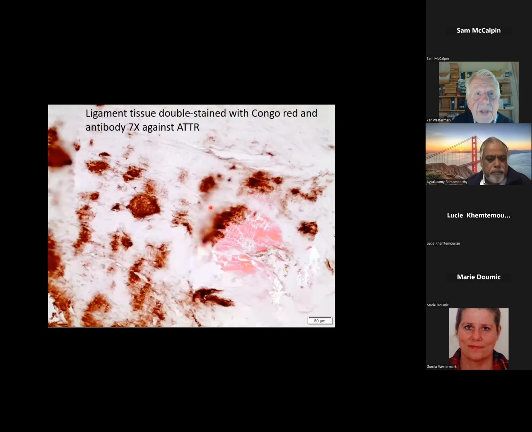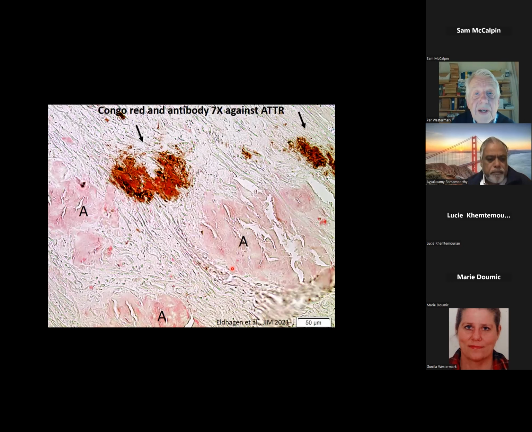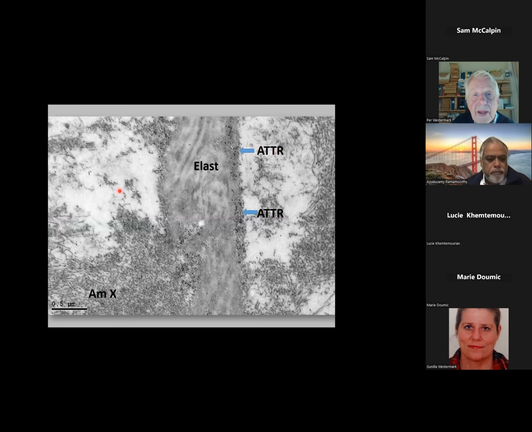And what was also evident from this study is that the amyloid consisted of TTR, as is brown here in immunohistochemistry, and there was also another amyloid, at least one other amyloid, which is not labeled with antibodies to TTR. So there seem to be at least two different kinds of amyloid in these materials. You see it here too, quite a lot of other amyloid, and here TTR amyloidosis.